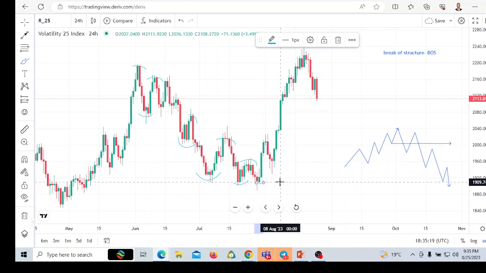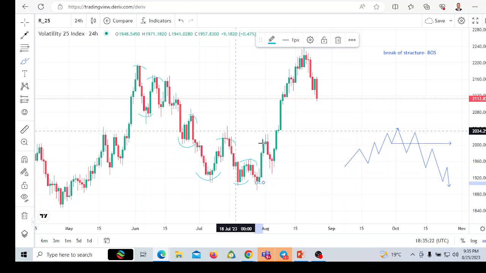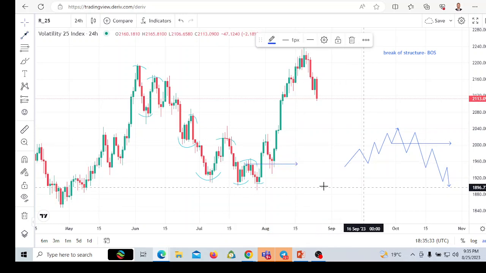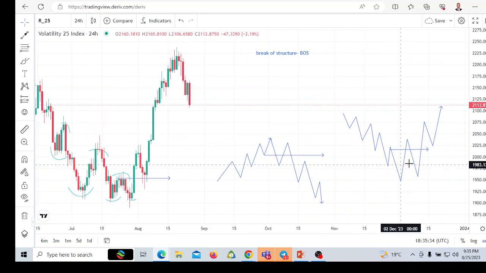Am I so sure? And then for this one time, price broke the structure to the upside. Are these two similar?